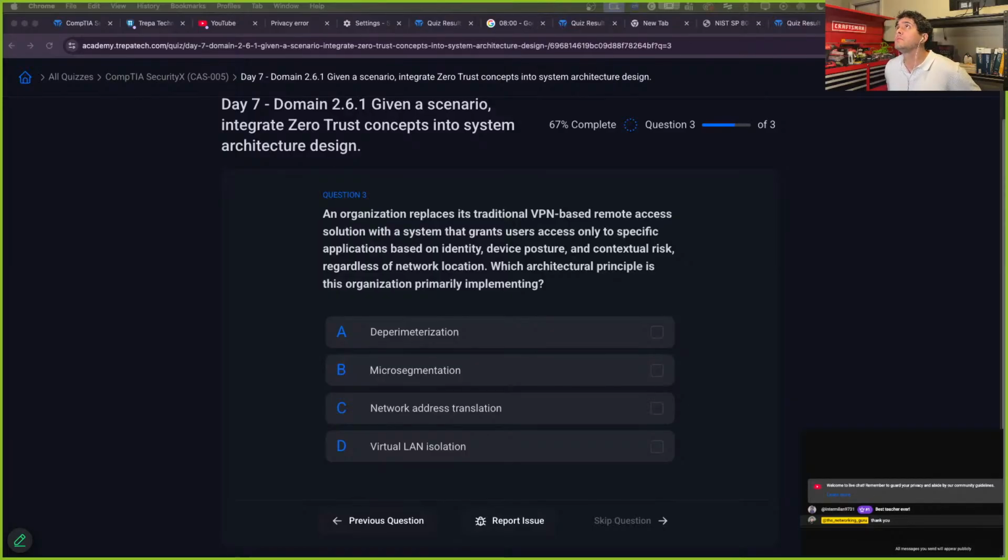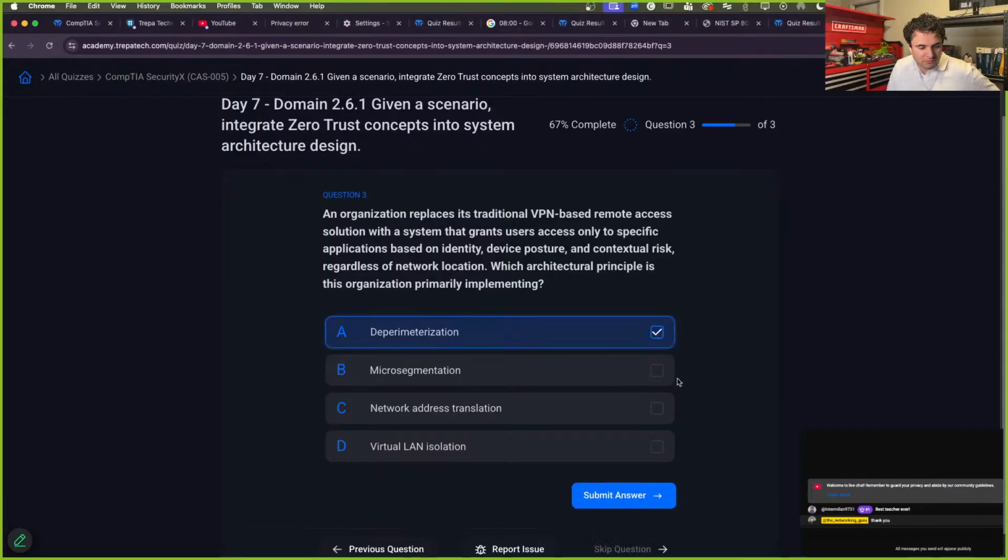So they called that deperimeterization, and our network protocols followed suit. So yes, Masood, you are right. That is going to be A. Some good answers here, though. C and D is not really a zero trust concept. Network segmentation, so yeah, VLAN isolation could be part of zero trust architecture, but microsegmentation and deperimeterization are kind of the new things it introduced, I guess I should say. Not that we got rid of the old. So it's only between A and B here. So yeah, we're going to go with A, deperimeterization.